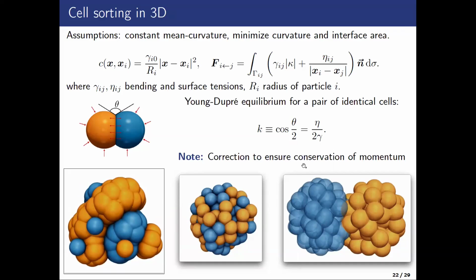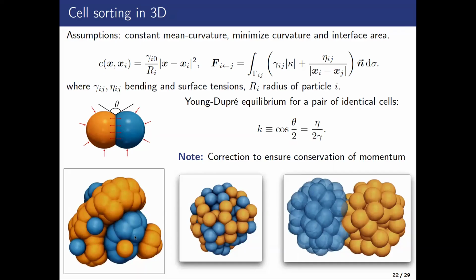So to tune the surface tension, the parameters are gamma and eta. And gamma and eta just define who likes who, right? Because you have different gamma between two types of cells. So here the adhesion or repulsion, depending on how you think, between orange cells is much higher than between orange and blue cells, and between blue and blue cells also much higher than between orange and blue cells.